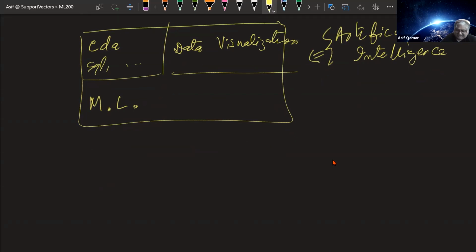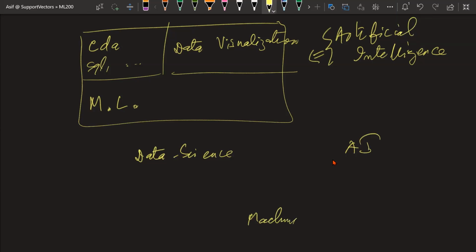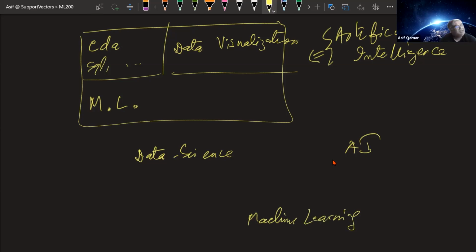I'll write these relationships here. Data science, AI, and machine learning. Would somebody like to venture into the relationships between these terms? There is an academic relationship, and there's a relationship that people are increasingly, in a very casual way, throwing around.